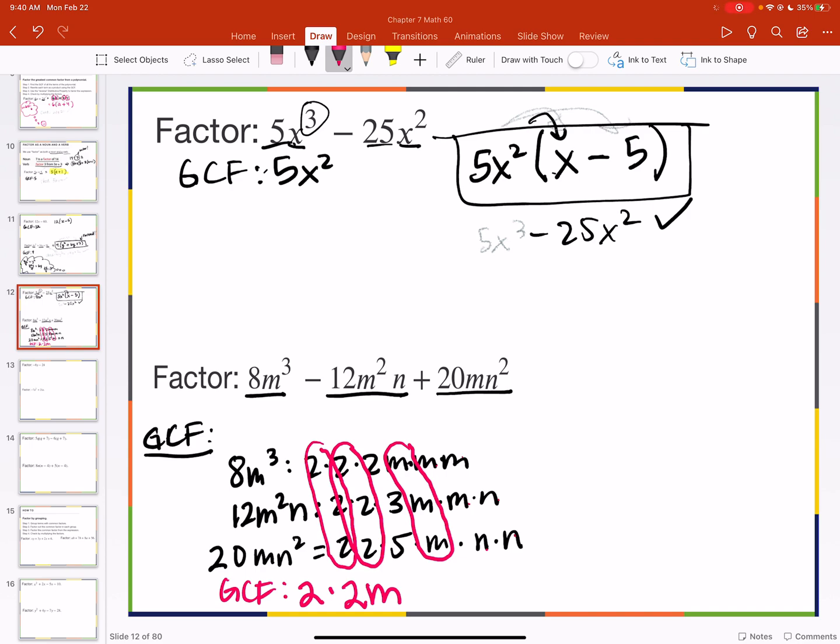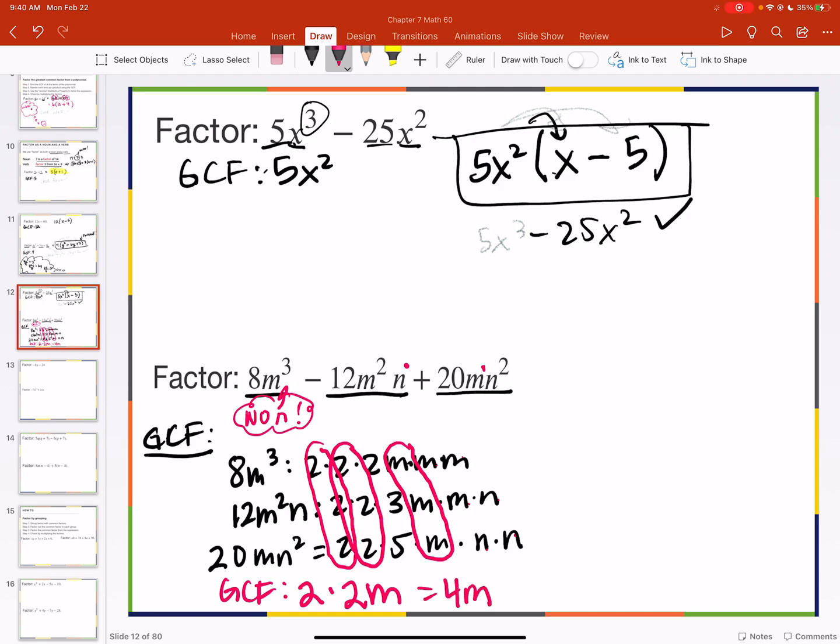So again, notice that the least power of m is 1. And also the least power of n is 1, but this one has no n, so it can't be part of our GCF. So our GCF is 4m.